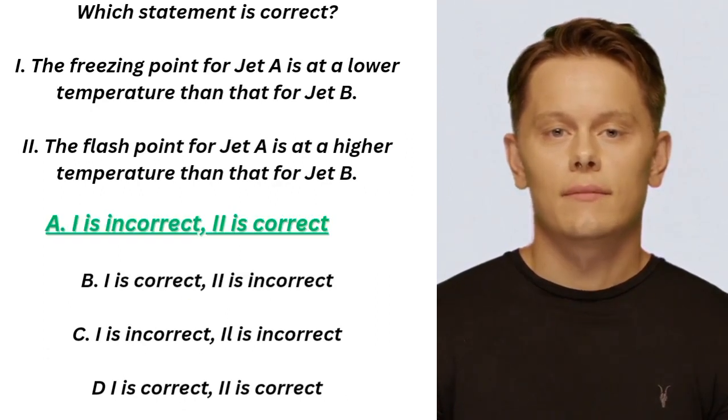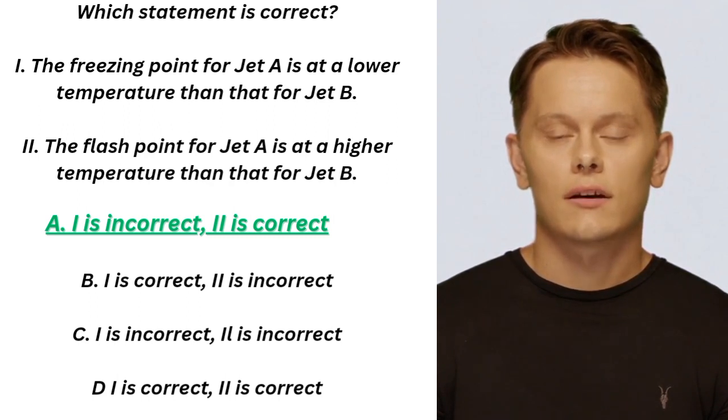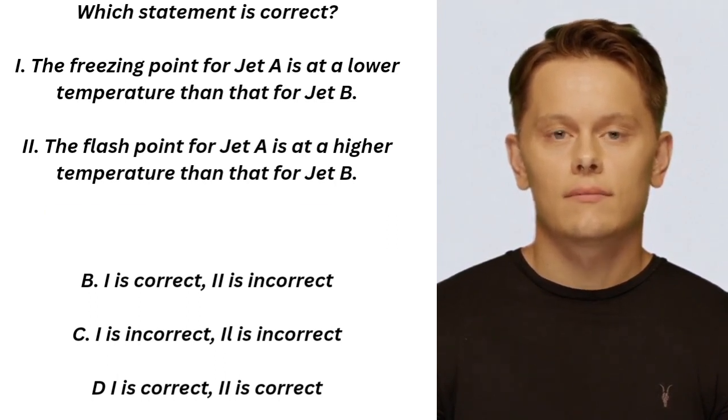Question 60. Which statement is correct? 1. The freezing point for Jet A is at a lower temperature than that for Jet B. 2. The flash point for Jet A is at a higher temperature than that for Jet B. The answer is A. 1 is incorrect and 2 is correct.